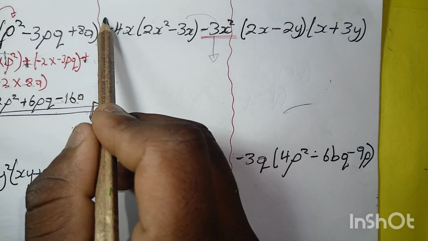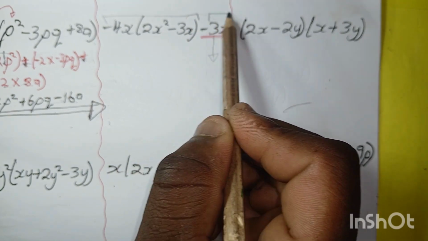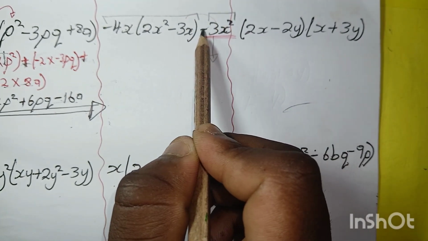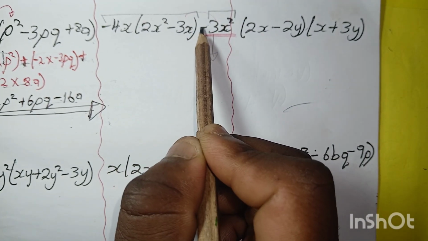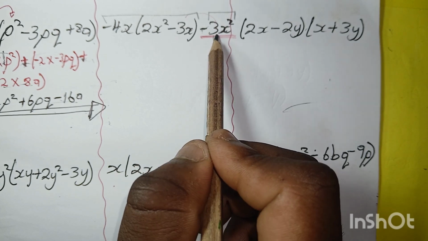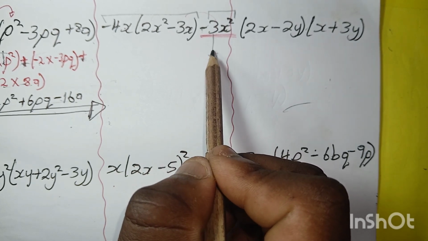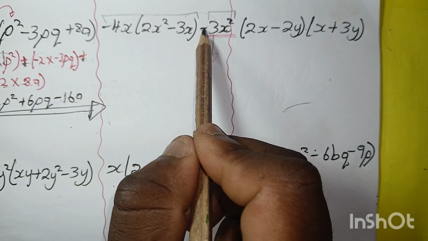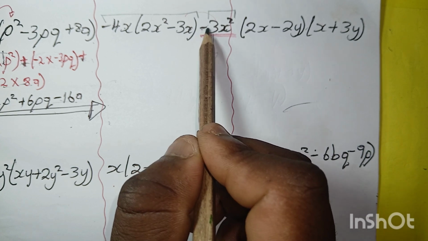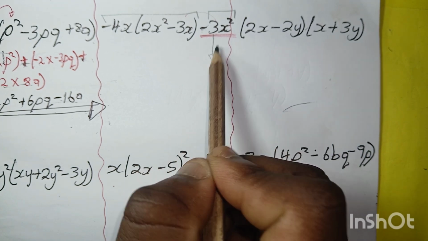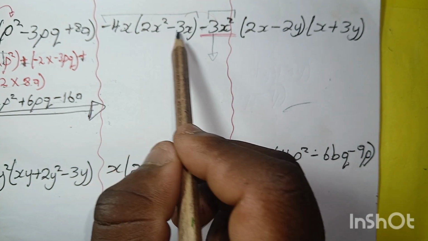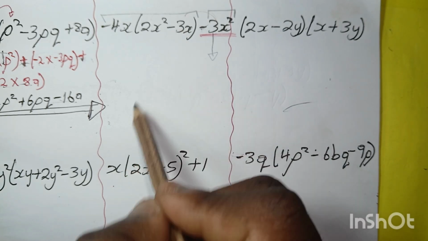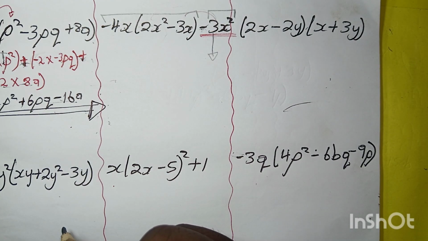Like this expression and this one are being separated by a minus. Meaning that this 3 will be brought down with the minus. Do you understand? Yeah, we'll bring it down with minus. We won't multiply inside. The moment you multiply inside, you're absolutely wrong.